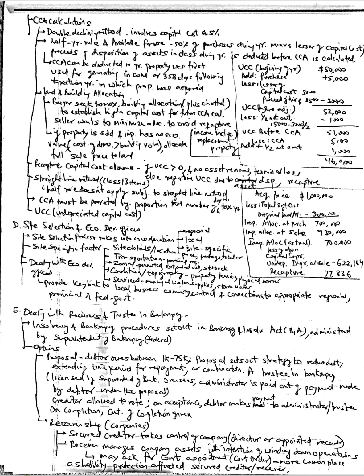Then the improvement allocation will be the lesser of these two allocations, which is $700,000, less the capital improvements and undepreciated improvements at sale cost, which makes the recapture $77,000.